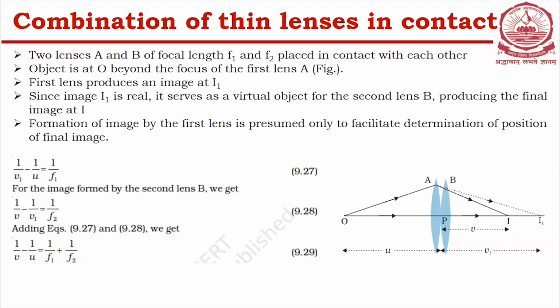So this is the combination of lenses. To find the focal length of the two, you add the two thin lens equations: 1/V minus 1/U is equal to 1/F1 plus 1/F2. The left side is the combination of the two thin lens equations, and that equals the sum of the reciprocals of the focal lengths of the first and second lenses. That's all, very simple.